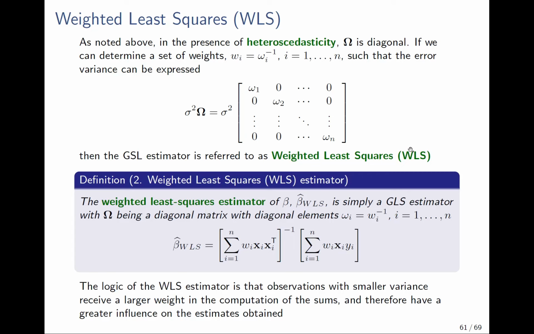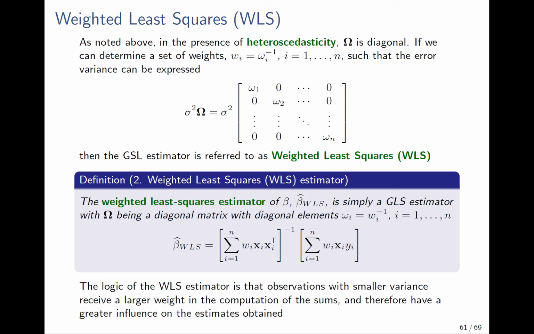And the definition writes the estimator as a weighted sum: the inverse of the weighted sum of xi transpose times the weighted sum of xi yi, just to emphasize how the weights enter the computation. And the logic of the weighted least squares estimator is that observations with smaller variance receive a larger weight in the computation of the sums, and therefore have a greater influence on the estimates obtained.